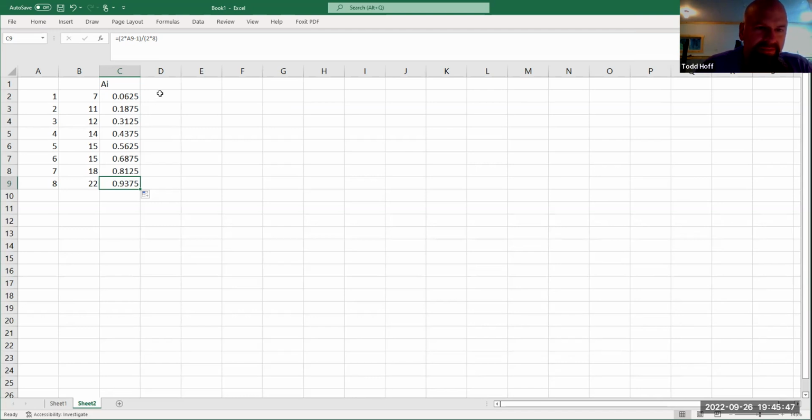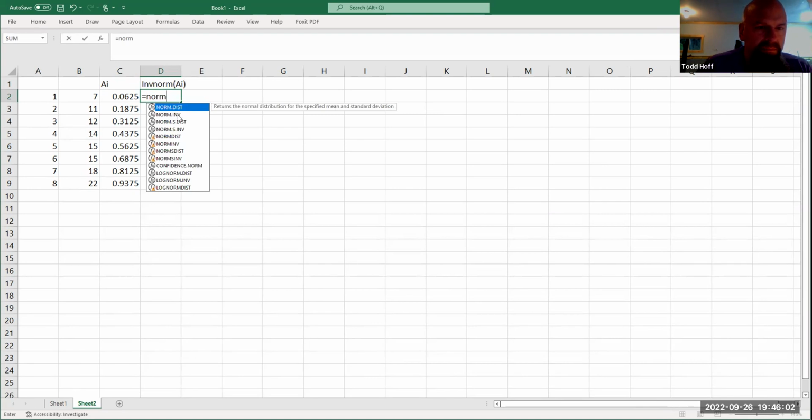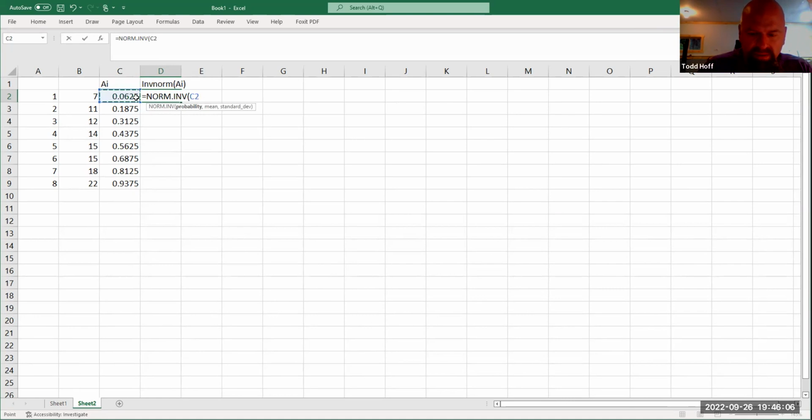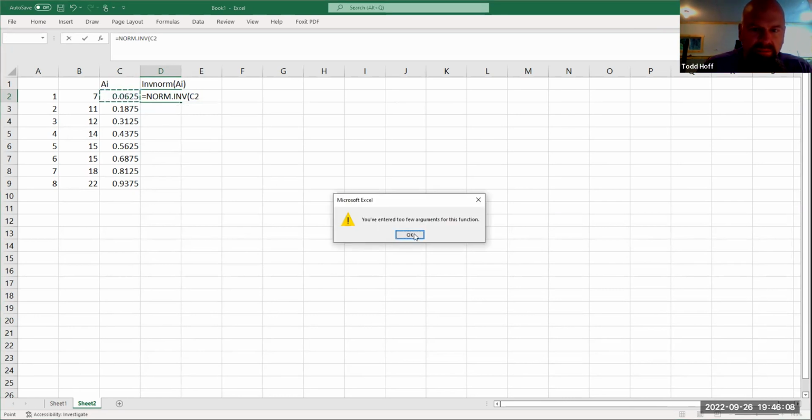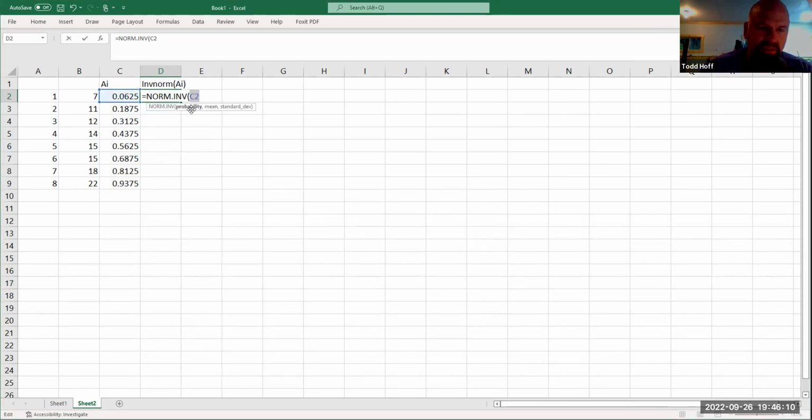Now I want to do an inverse normal for the ai values. So here we're going to do a norm inverse for this value. So I got the probability of this, mean of 0, standard deviation of 1.